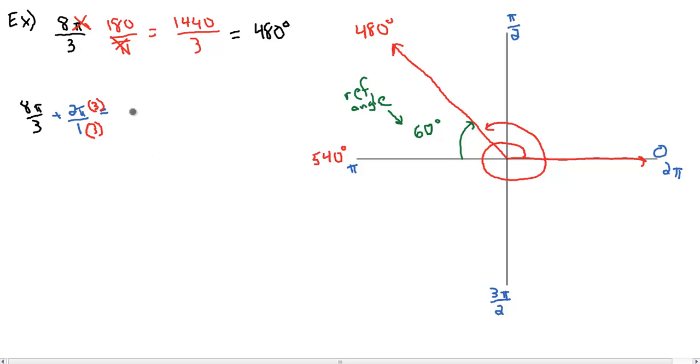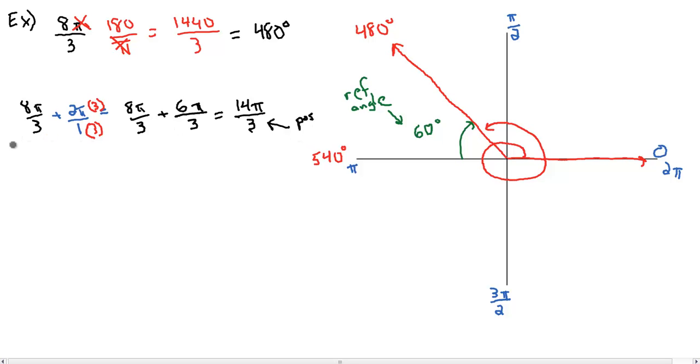We could rewrite the first part, 8 pi over 3, plus 2 times 3 is 6 pi over 1 times 3 is 3, and that equals, now we could actually do our addition. 8 pi plus another 6 pi is going to be 14 pi divided by 3 in the denominator, so this is going to be the positive coterminal angle.